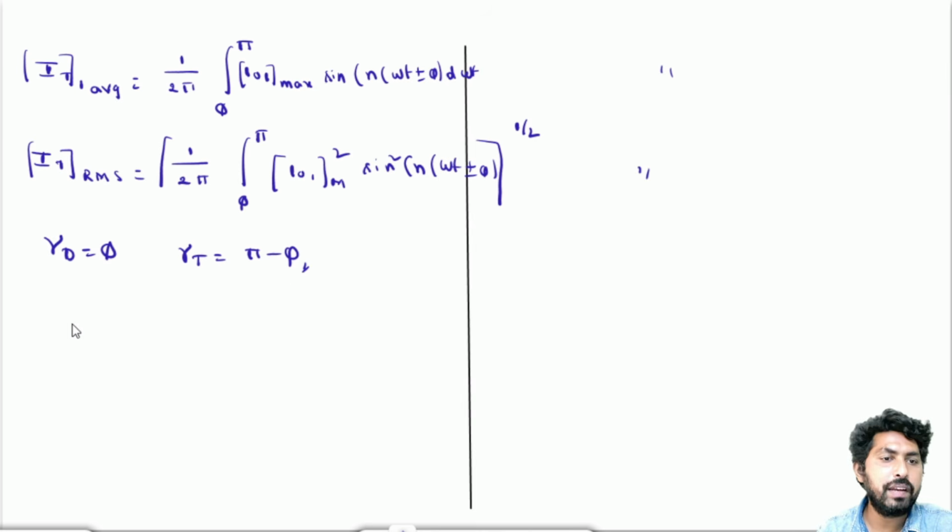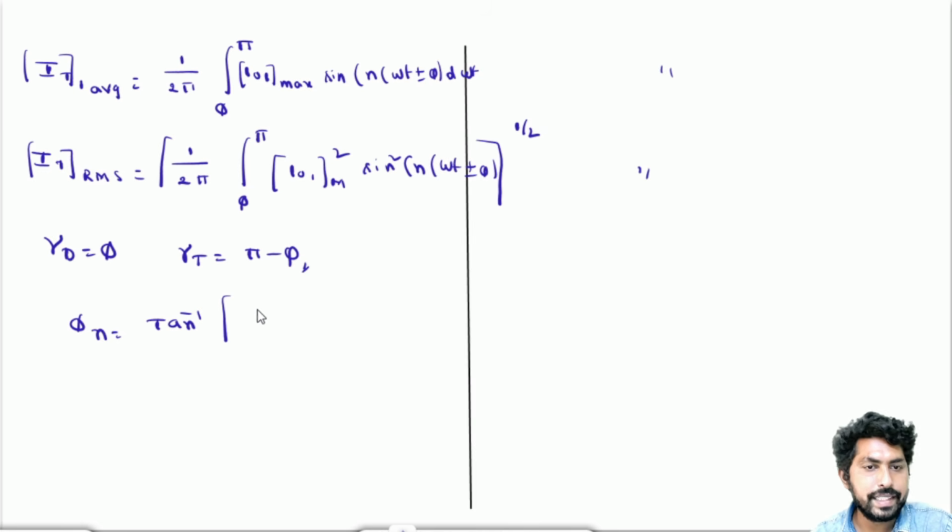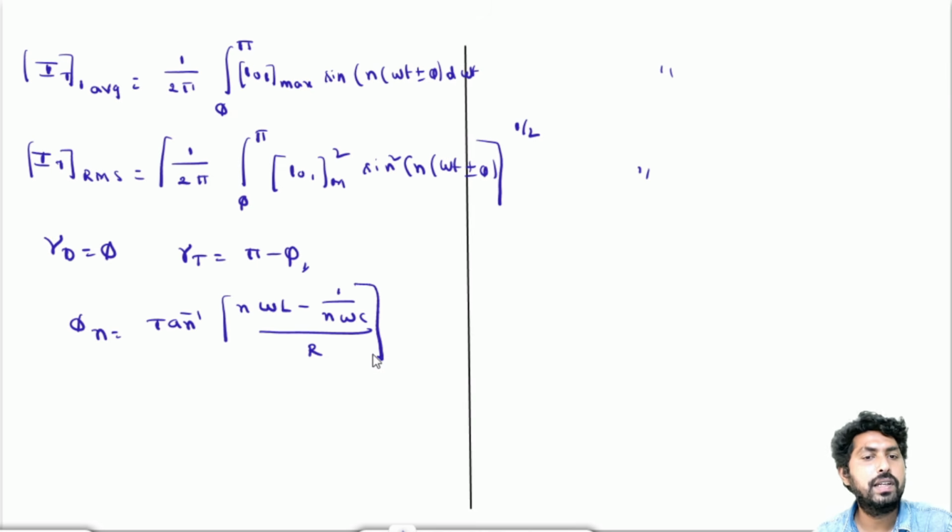So here phi n can be evaluated from phi n equal to tan inverse of XL by R, that is omega L minus 1 by n omega C divided by R. So here plus or minus: minus is for XL greater than XC, and the other sign will be different.